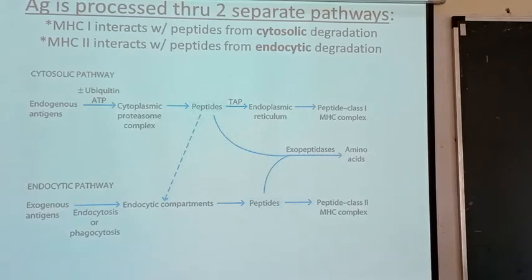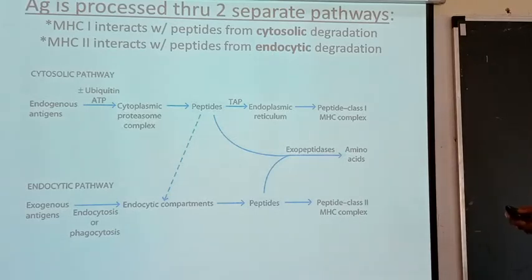This endogenous antigen is acted on by the cytoplasmic protease complex. It is converted into peptides and reaches the endoplasmic reticulum, and this peptide reacts with the MHC class 1 complex. This happens only in the cytosolic pathway.